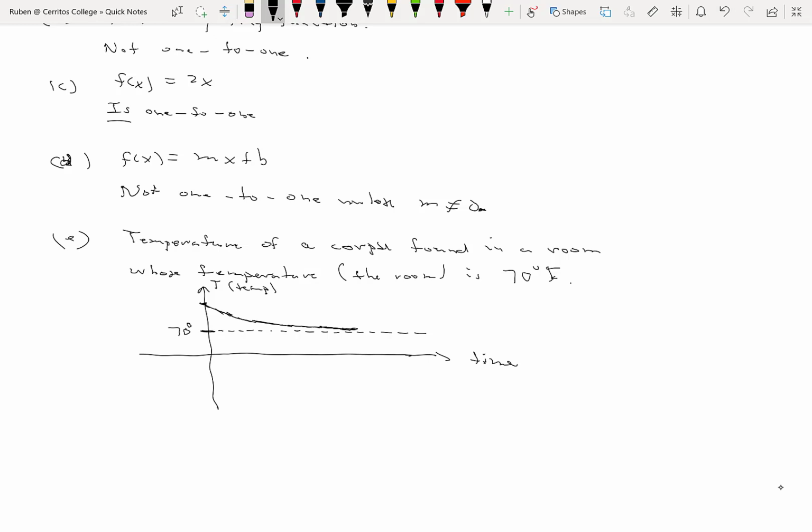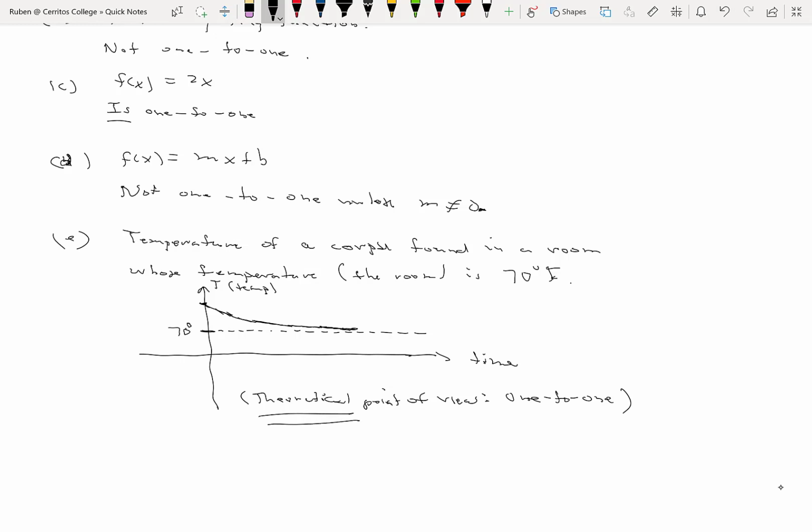Just looking at the graph of this exponential function, the answer should be 1-to-1. So from a theoretical point of view, the answer is 1-to-1. The temperature asymptotically approaches 70, but never quite reaches it. The theoretical model provides that.